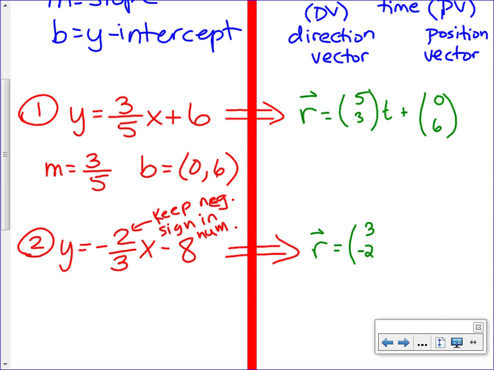You can keep the negative with the x. That's okay. And then t plus position vector, 0 over negative 8. Sweet.